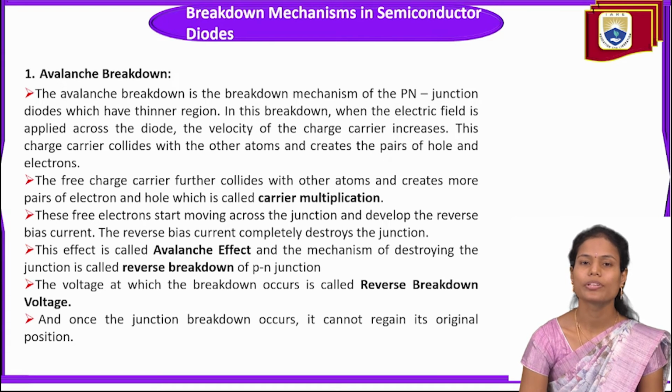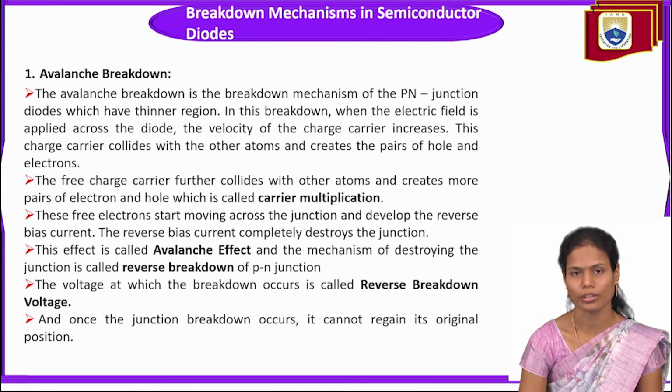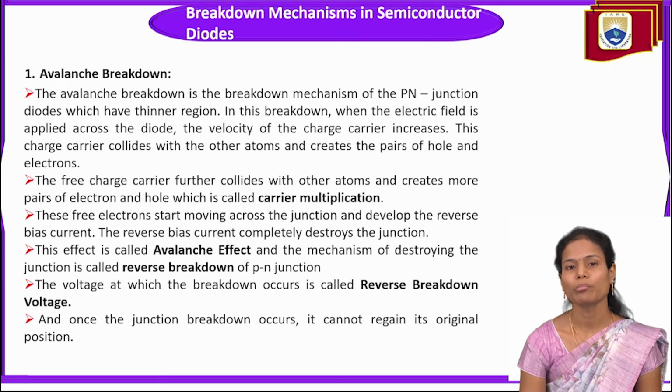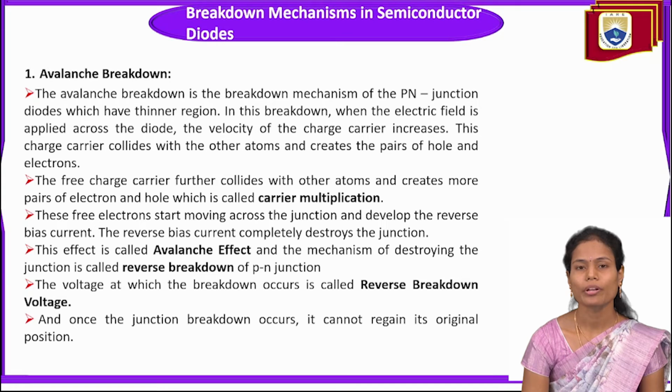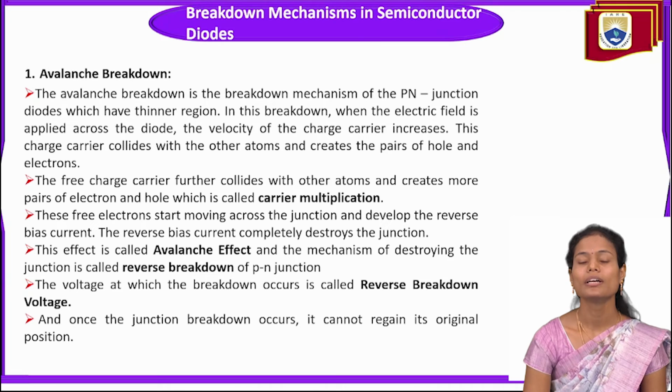A high amount of depletion region forms across the junction. A high amount of depletion region means more positive and negative immobile ions are accumulating near the junction, and that will cause damage to the device.